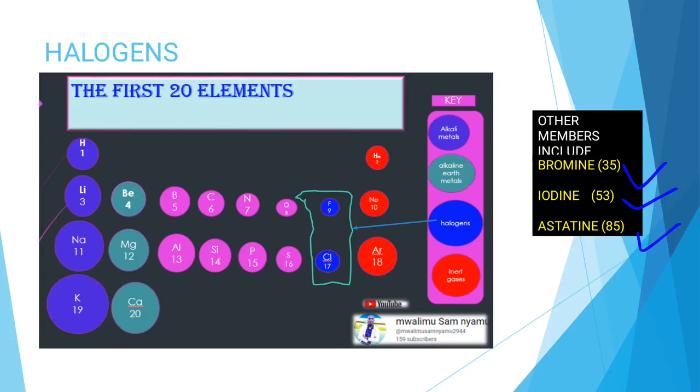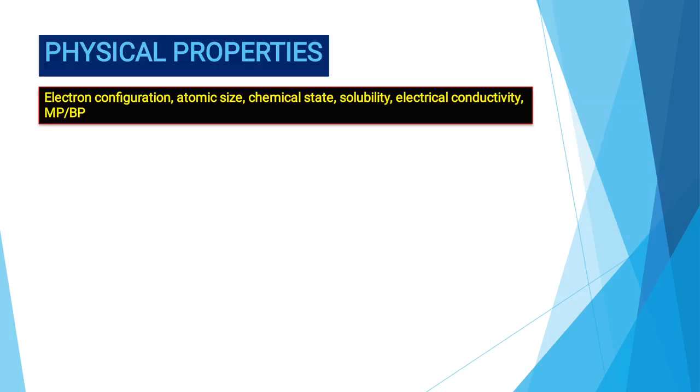For our lesson, we will focus on these first two members, as they are the ones that appear among the first 20 elements. So we look at the physical properties, and we begin with the electron configuration.